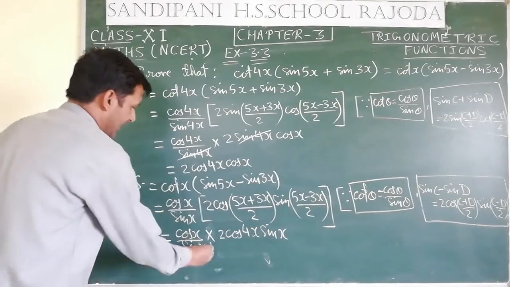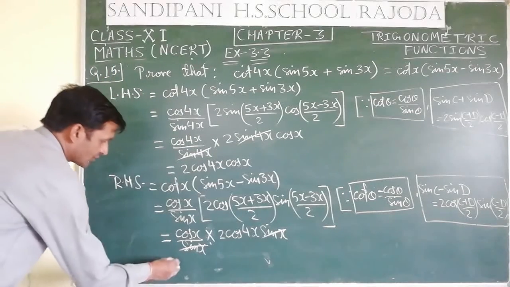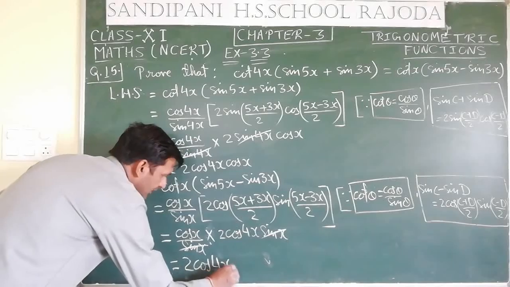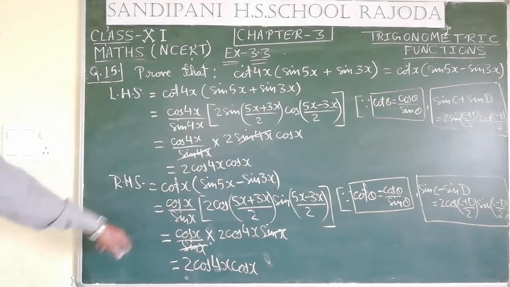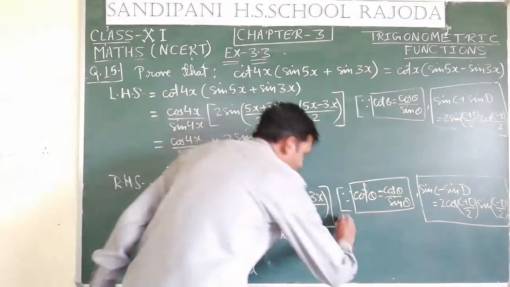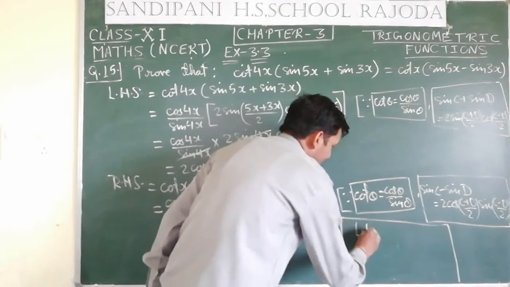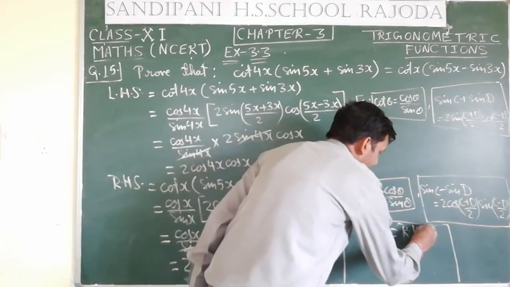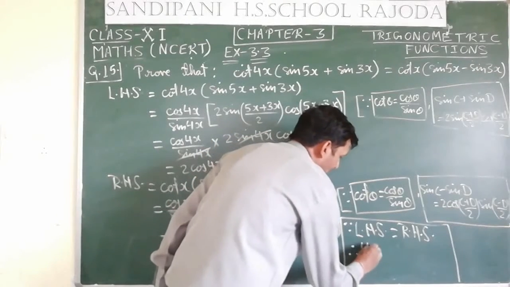So this sin x and this sin x will be cancelled. So it is 2 cos 4x and cos x. So this is only our LHS. So we may conclude now that LHS is equal to RHS, because LHS is equal to RHS, therefore hence proved.